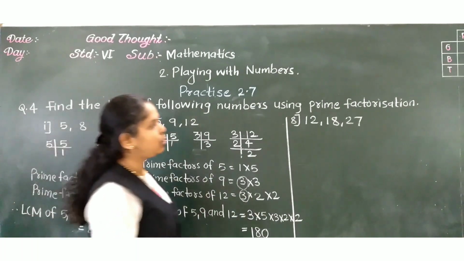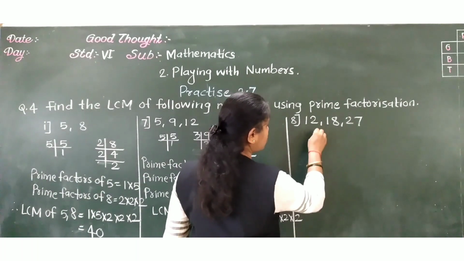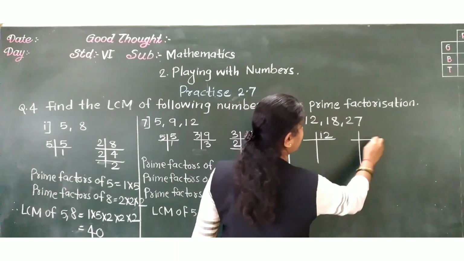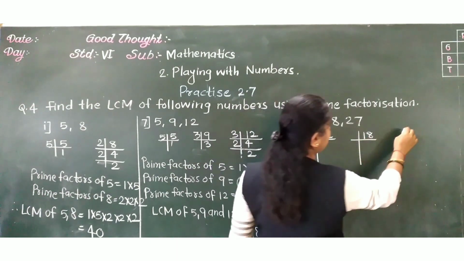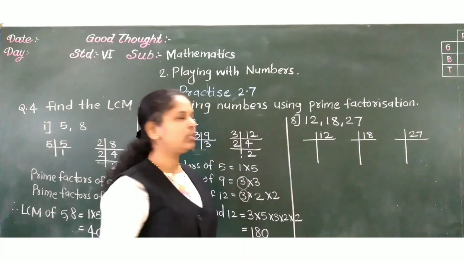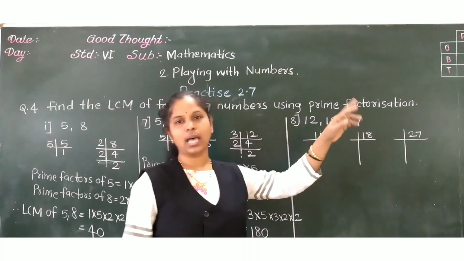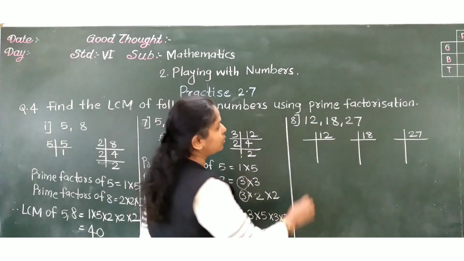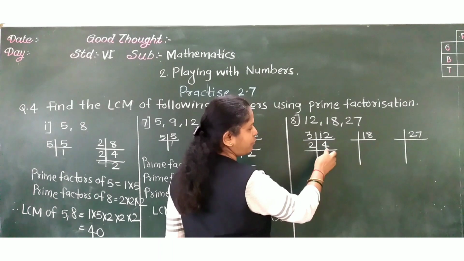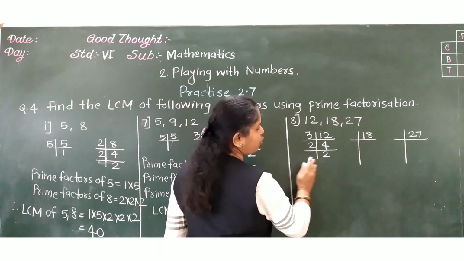Next, 12, 18, 27. So we have to factorize 12, 18 and 27. All these three numbers are there in the 3's table. So 3 fours are 12. Then divide 4. 2 twos are 4.